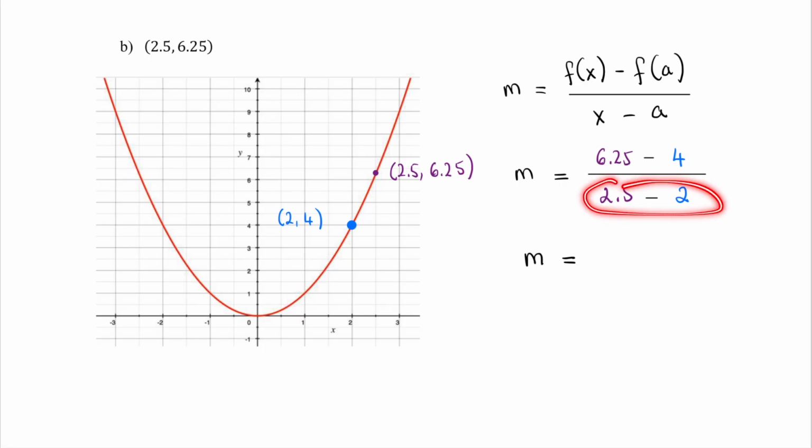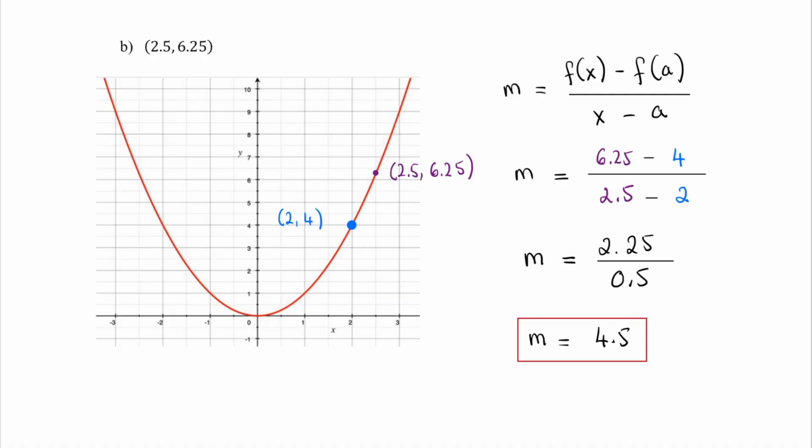And 2.5 minus 2 is 0.5. 2.25 divided by 0.5 is 4.5. The slope of the secant line between these 2 points is 4.5.